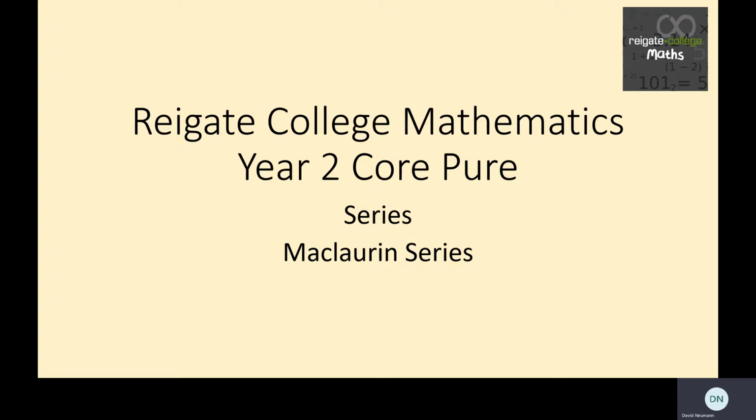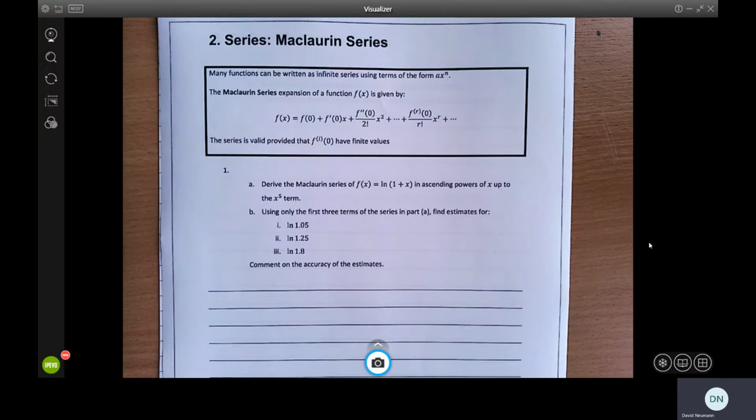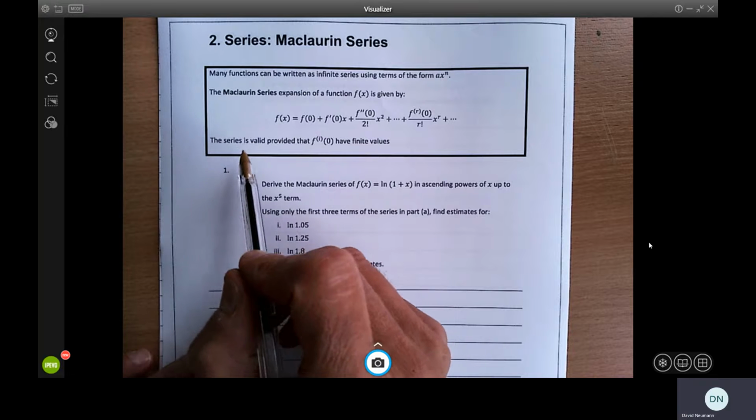So Maclaurin Series are where we write a function as a series of powers of x, and the formula for Maclaurin Series looks like this, for a general Maclaurin series.